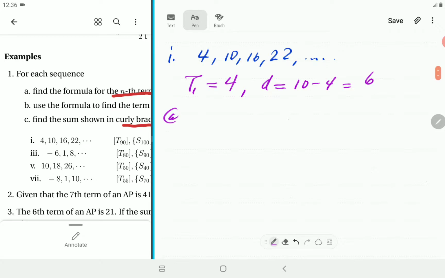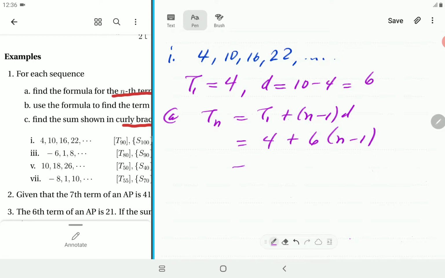So we said once we know T1 and D, we can find most things for an AP. So Tn is T1 plus (n minus 1)D. T1 is 4, D is 6. So if we remove brackets here, it is going to be 4 plus 6n minus 6.